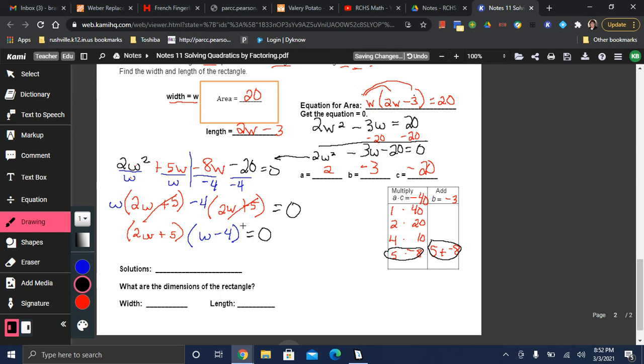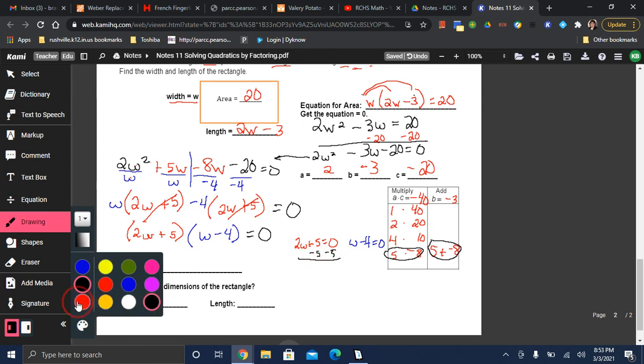So now I'm ready to put each parentheses equal to 0. I'll start with the 2w plus 5, and then finish off with w minus 4 equals 0. So solving, I can subtract 5 from both sides of the equal sign, and that will leave me with 2w.